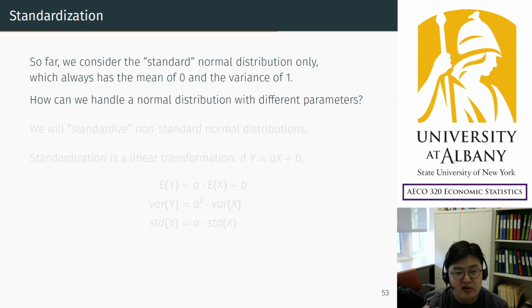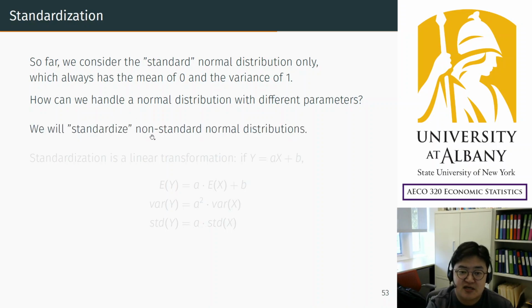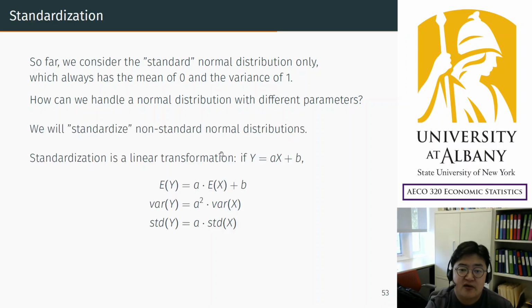So we fixed the mean at 0 and the variance at 1, but what if we have a normal distribution with different parameter values? The idea is we standardize them so that they have mean 0 and variance 1. That is our approach. So we are going to standardize, and to do that, we need to recall these properties.